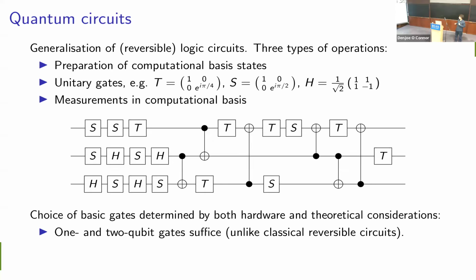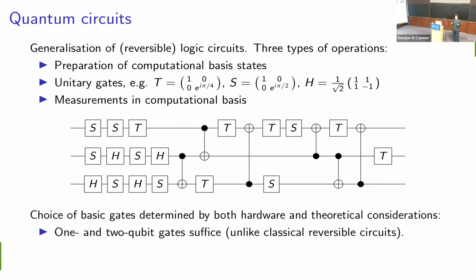But that's also not a problem because we can flip the direction of a controlled NOT gate by just sandwiching it between Hadamard gates on all the qubits. That's not a straightforward thing to see. I don't expect you to know why this is true, but this is a question we usually set to students when they start working with quantum circuits: to work out why, if you take a controlled NOT gate and put Hadamard gates on all the input wires and all the output wires, what you actually get is a controlled NOT gate, but with control and target reversed.